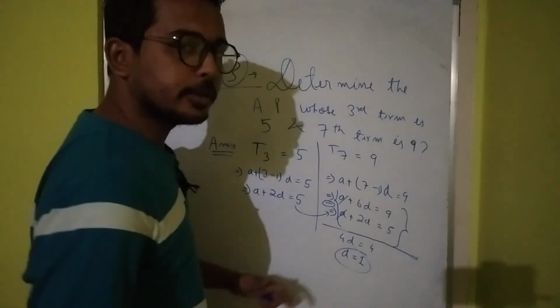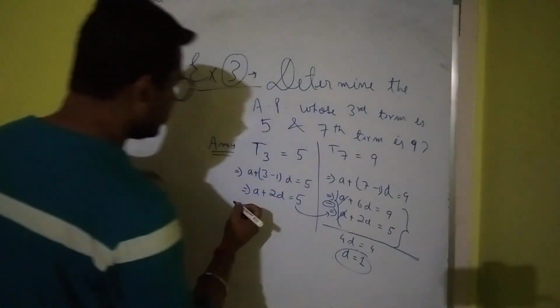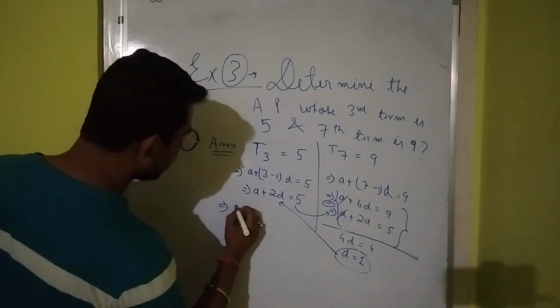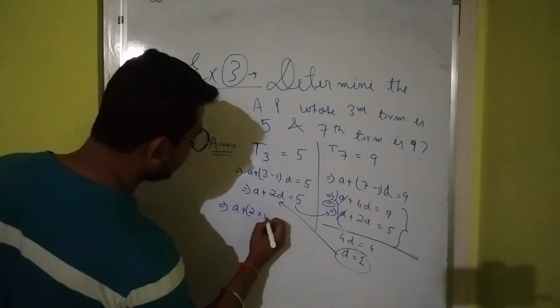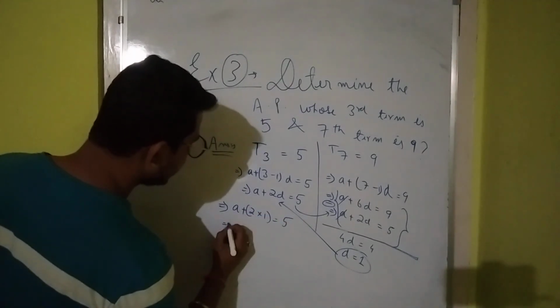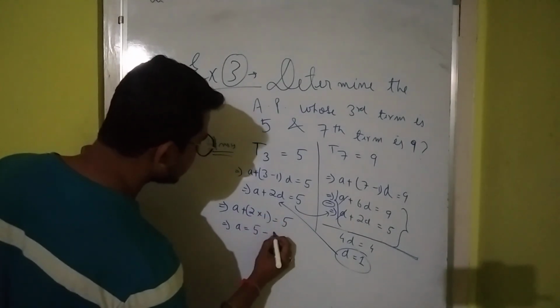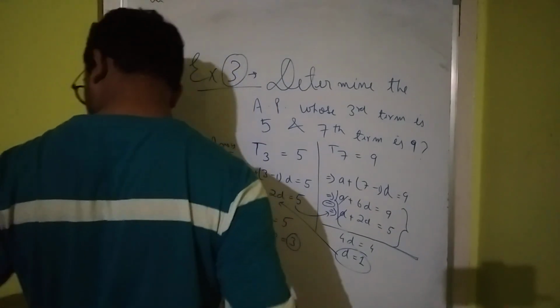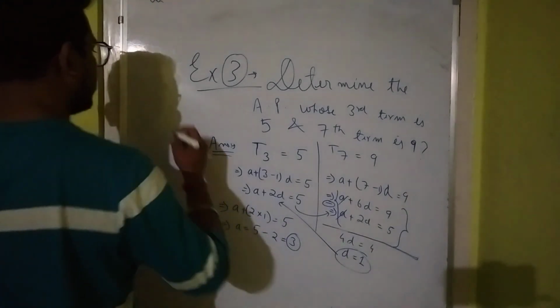तो हम लोग को कॉमन डिफरेंस मिल चुका है। तो जब कॉमन डिफरेंस मिल गया, यहाँ पे पुट कर दो a plus 2 into 1 is 5, means a is 5 minus 2, which is 3. So what will be the AP?